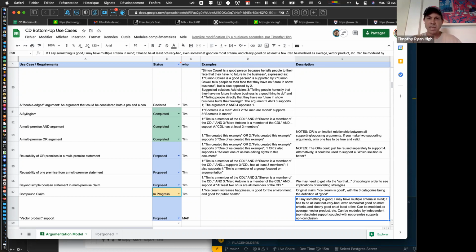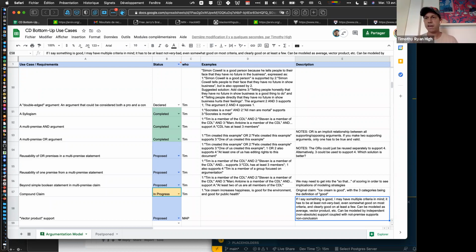Which means, to me, we do need to support compound claims. I'm afraid that's the inescapable conclusion, yes. And compound claims seem to have a logic structure that is part of their truth formula, however you want to say it, right? Yep.